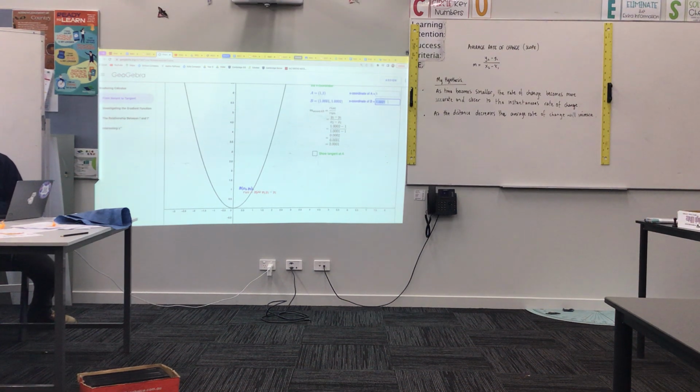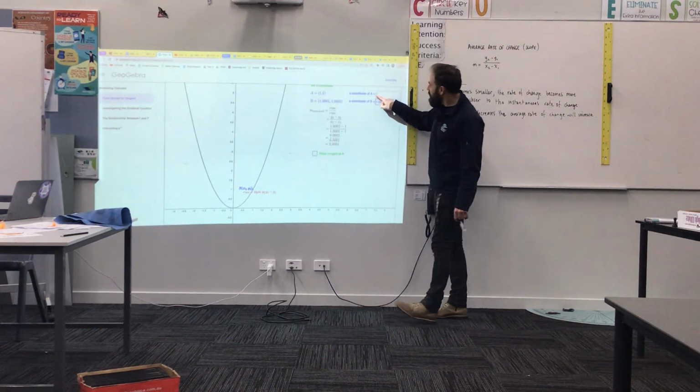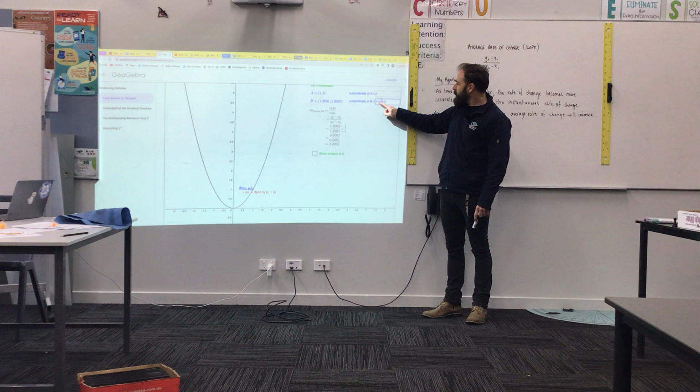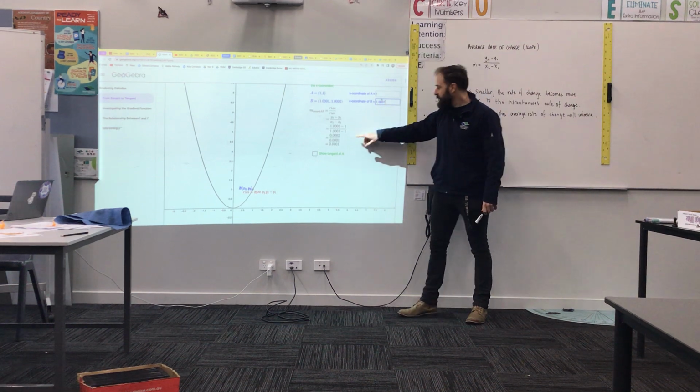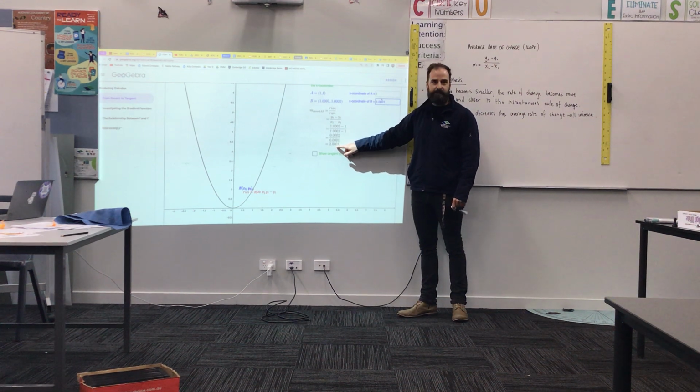If I want to get an instantaneous rate of change, one way I can do it is find the gradient between 2 points that are only a very small distance apart. So if I found the gradient between 1 and 1.0001, we can get a pretty good prediction for what we think the gradient instantaneously is going to be at that point. But it's an estimate, it's not exact yet.